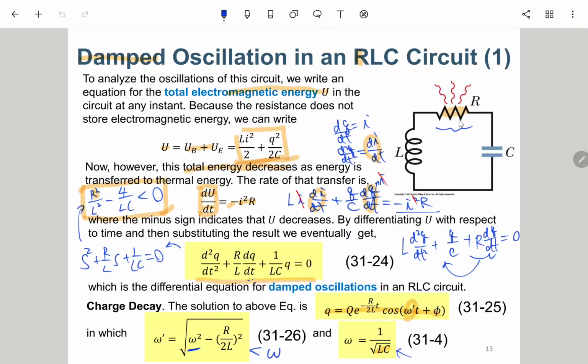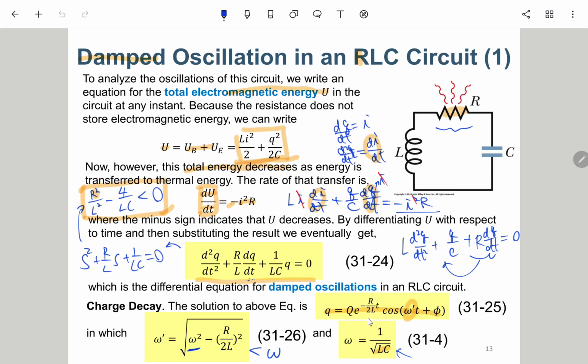We also have an RLC there, but we don't have any alternating EMF. For that case, we only store some initial energy in the capacitor or in the inductor, so that it will oscillate and then finally decay.